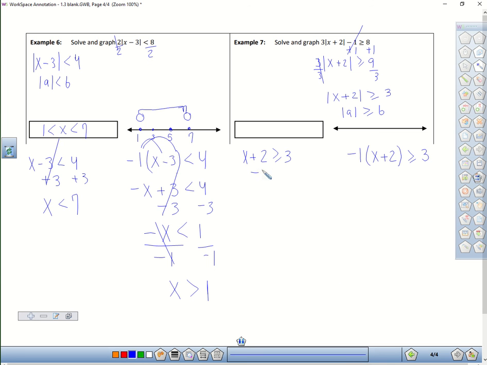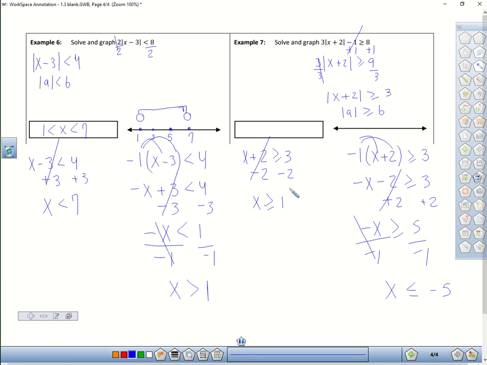And I'm going to solve. So I get x is greater than or equal to 1. Divide by a negative. When I divide by a negative, my inequality flips.